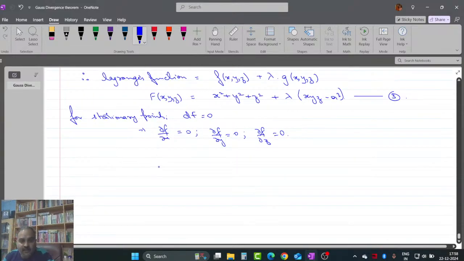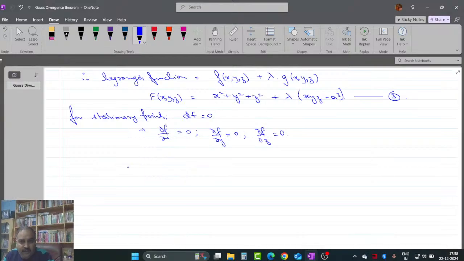Now, curly f by curly x. So derivative of this part with respect to x: x square will be 2x, y square will be 0, z square will be 0, plus lambda times xyz, so it will be yz, is equal to 0.